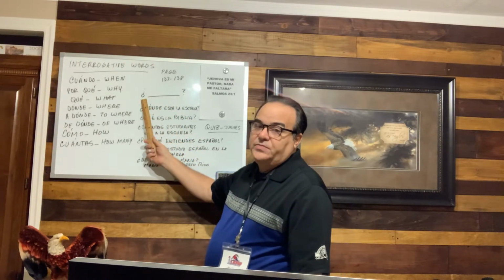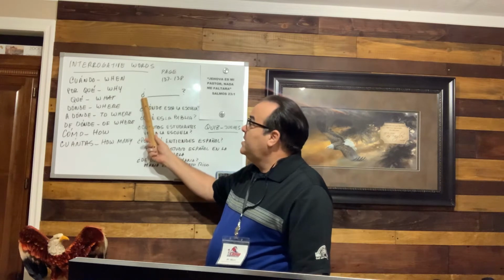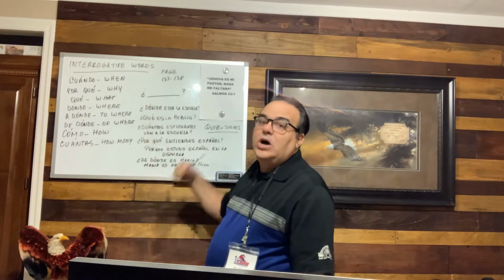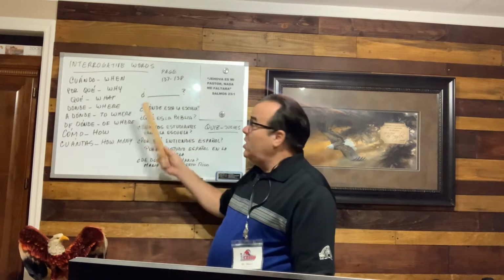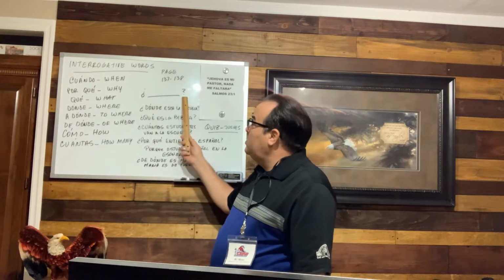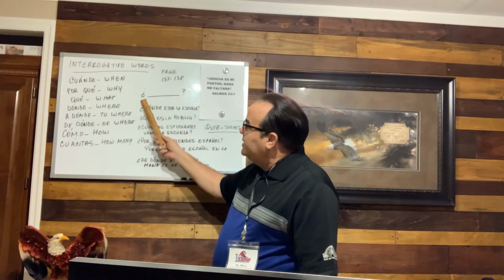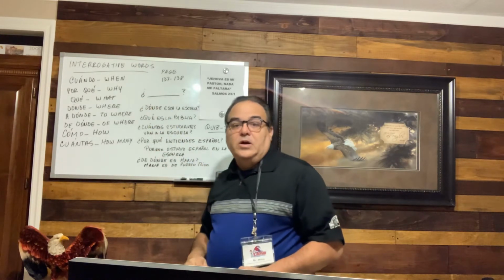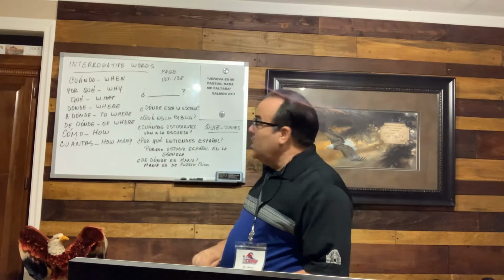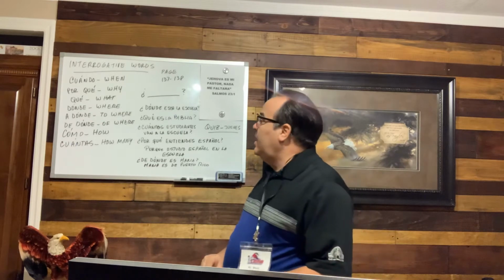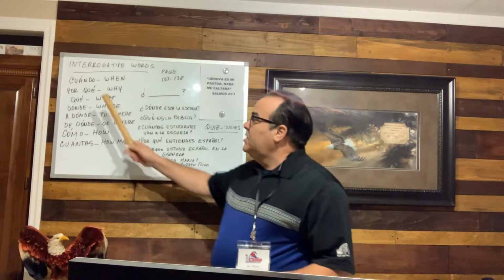And in the front, at the beginning of the question sentence, there is a question mark upside down. So, question mark at the end, exactly the same as in English, and upside down in the front for the question in Spanish.